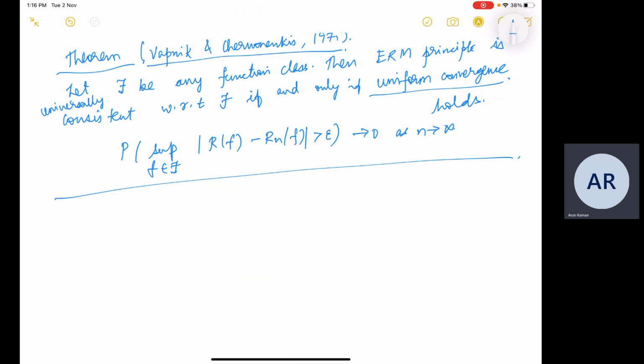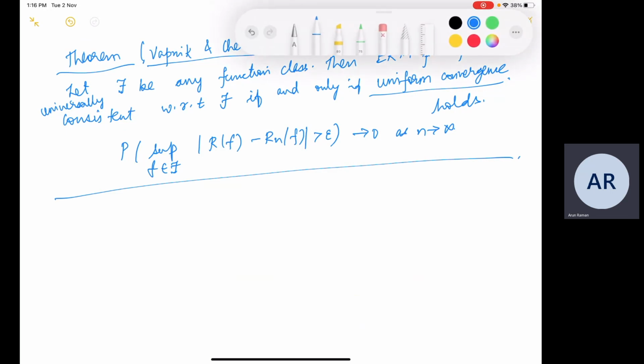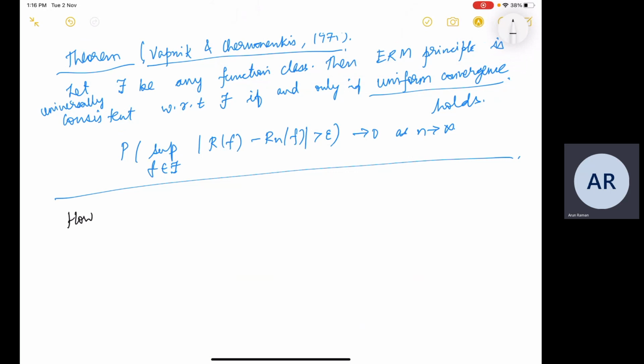In the next part of the lecture, we will rather be addressing this: if we have been given a function class F, how do we know whether we have uniform convergence?